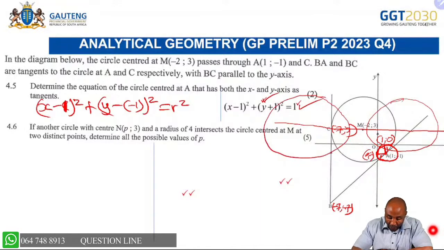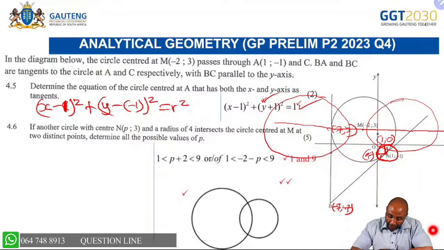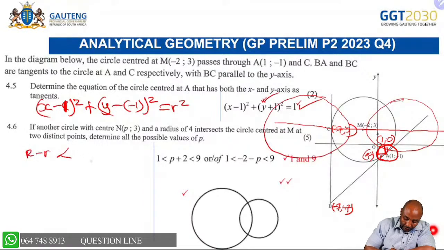Remember, we should be able to see what can help us. So our circle is intersecting like that, and we should see that we should have our distance between the bigger radius minus r less than the distance between the 2 points, which is also less than r plus r.